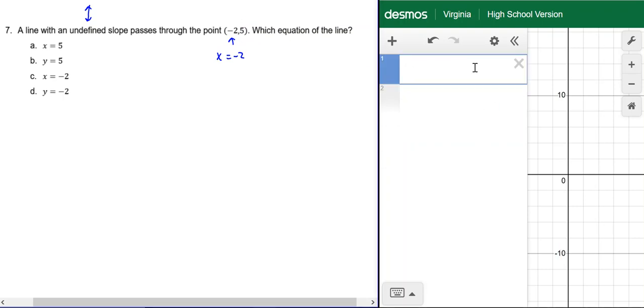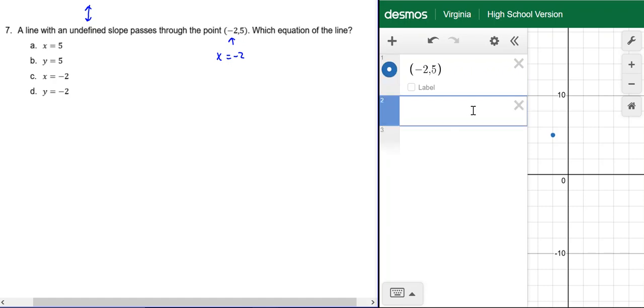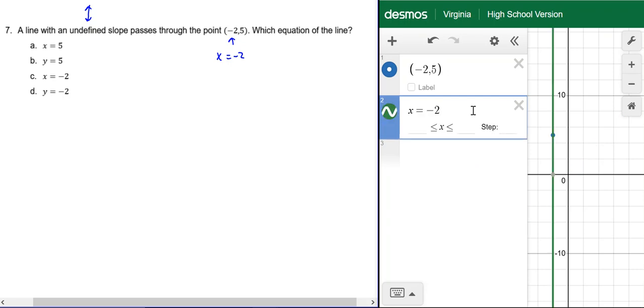Let me show you. -2 comma 5, and I'm going to show you that that's good. There's a vertical line. Again, it's a vertical line because it's an undefined slope. That's vocabulary you should remember. And it's going through that specific point. So x equals -2 is my answer.